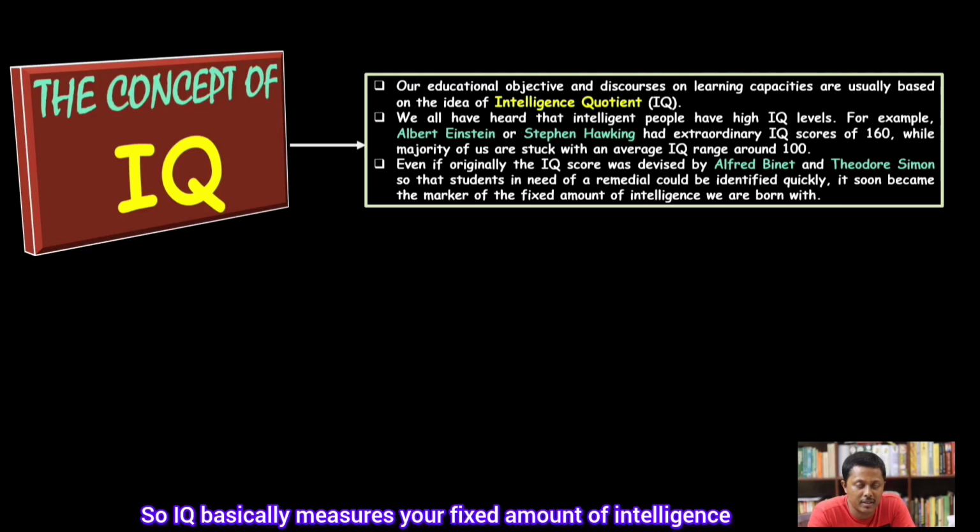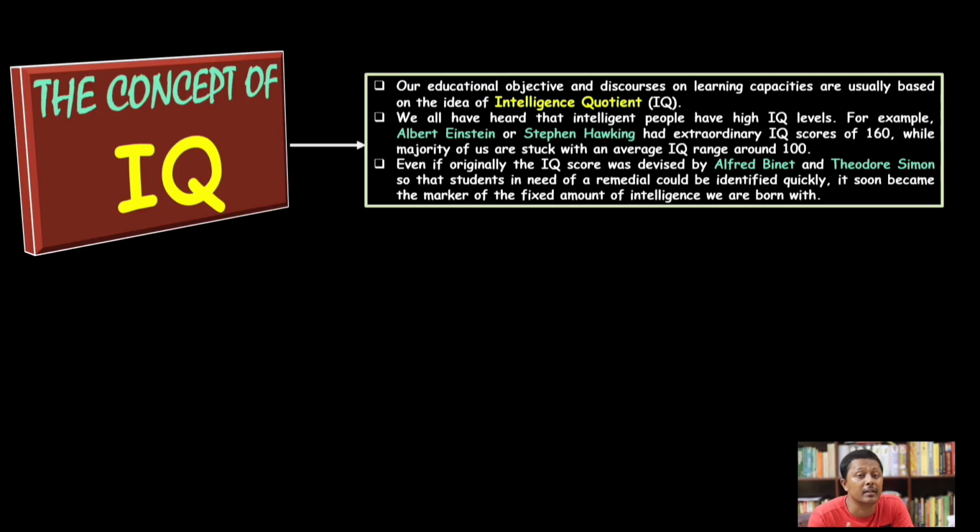So IQ basically measures your fixed amount of intelligence that is already stored within you. If you are intelligent enough, your IQ level will go up. If you are not intelligent at all, then your IQ level goes down. That's what matters when IQ comes into the light.